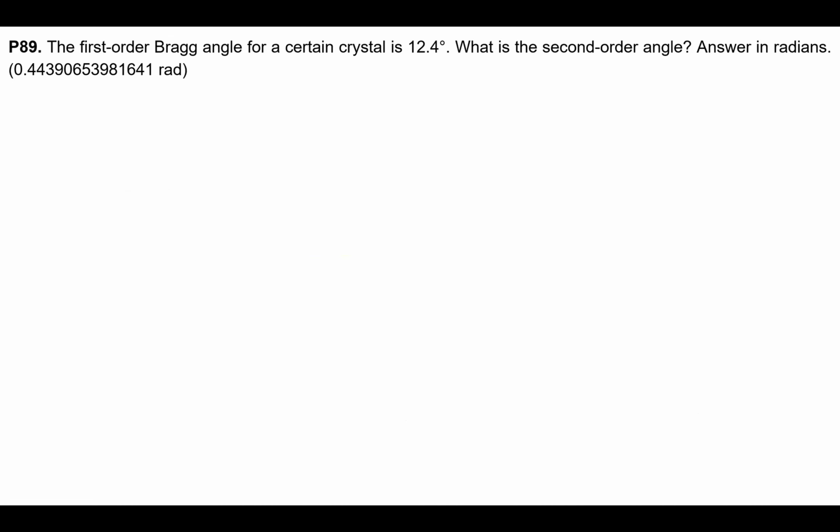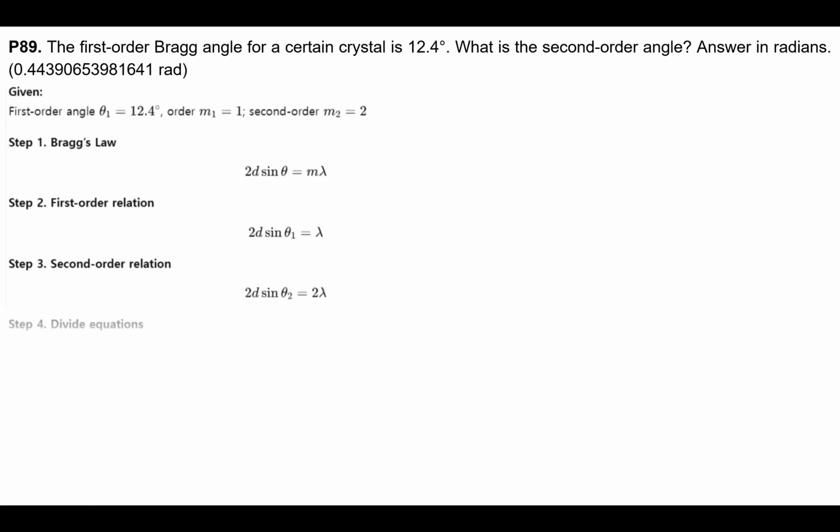The first order Bragg angle for a certain crystal is this angle. What is the second order angle? Once again, we are applying Bragg's law, sine theta is m lambda. First order, m equals 1; second order, m equals 2.